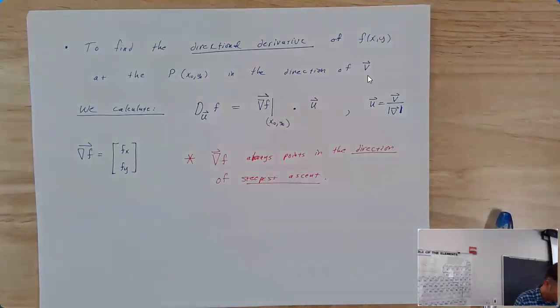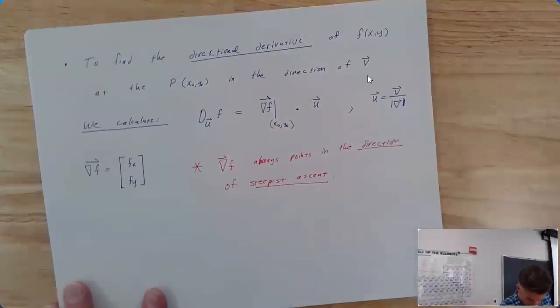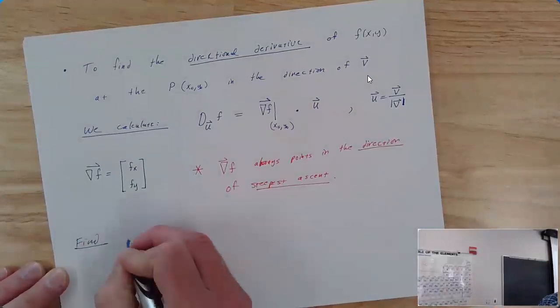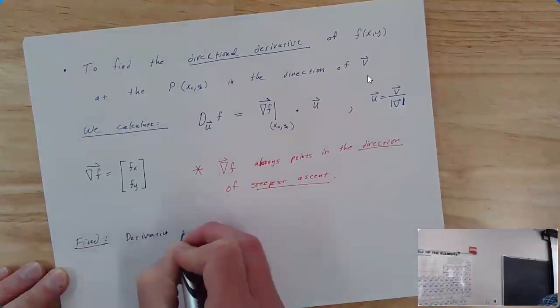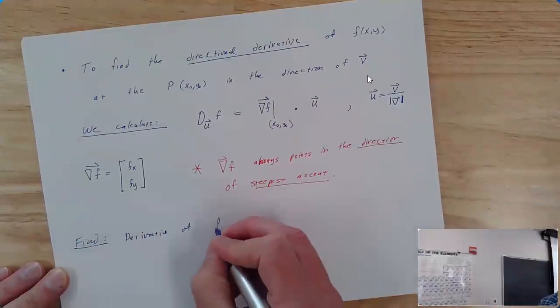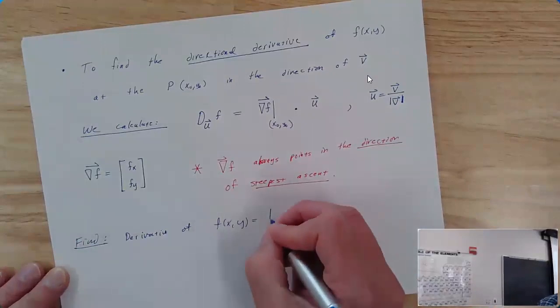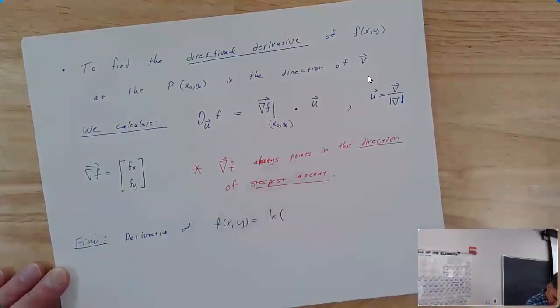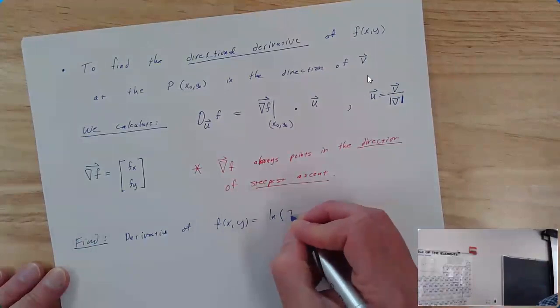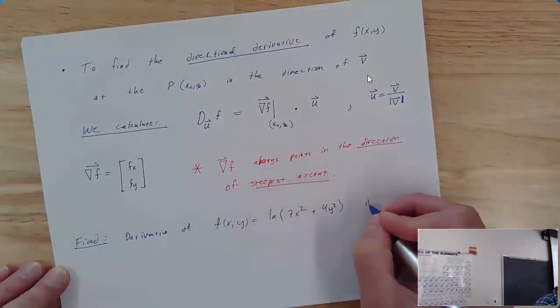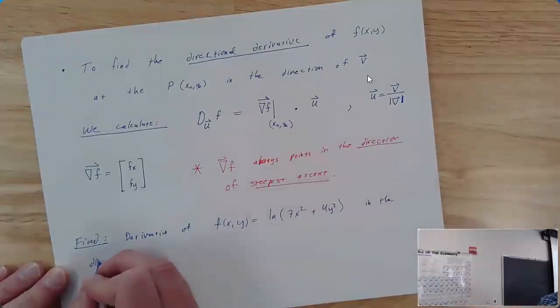So for example, let's say we wanted to find the derivative of f of x, y equal to the natural log of 7x squared plus 4y squared in the direction of the vector.